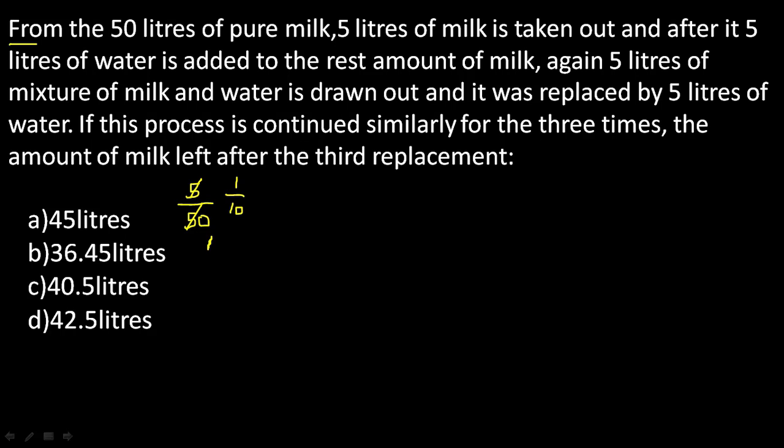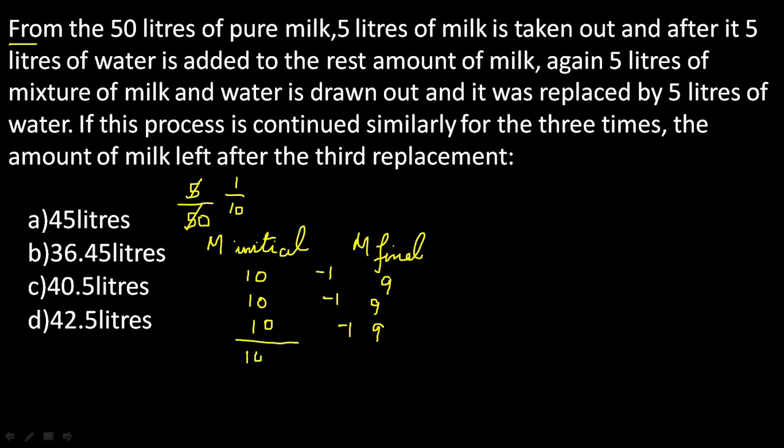So milk initially, then milk final value. Initially it is 10, after taking out 1 unit it will become 9. This process is continued for 3 times totally, so 3 times I have to write 10 and 9. We'll be getting 1000 here and 729 here.